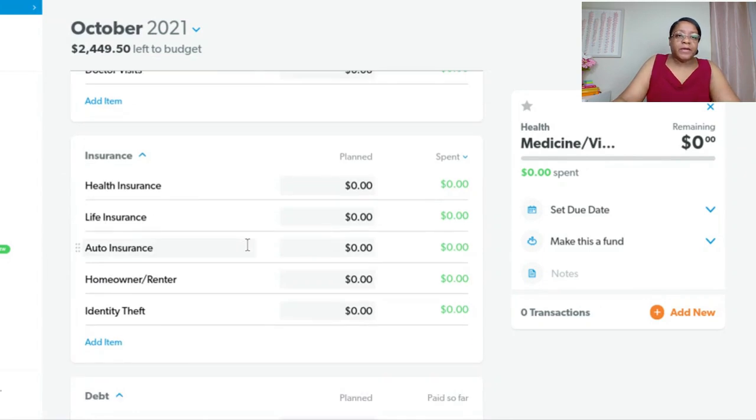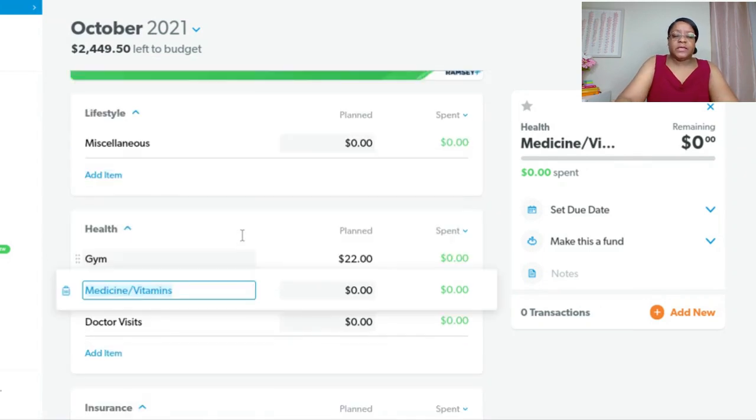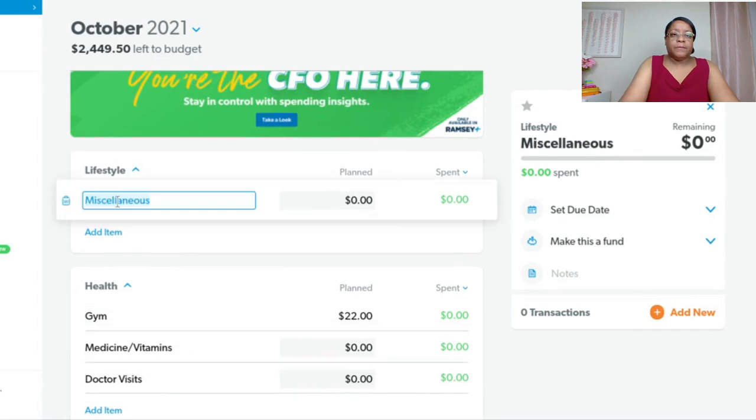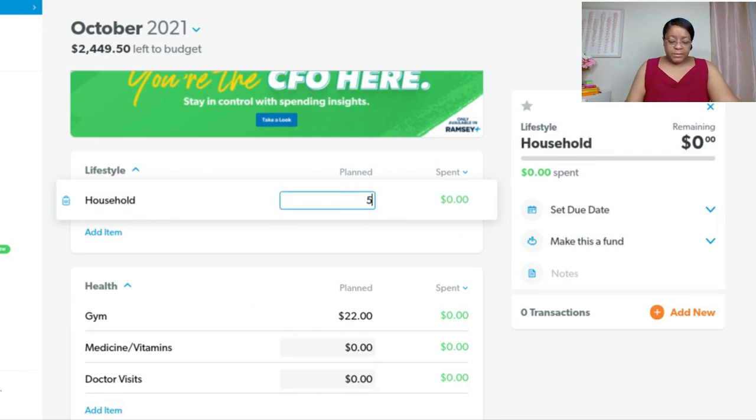So I'm going to go back up to lifestyle and change miscellaneous to household, because household is all of my toiletries. I always separate it because I get a little neurotic when it comes to catching certain sales and buying excess of all the things.